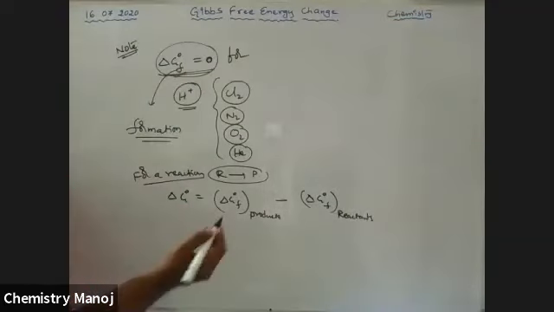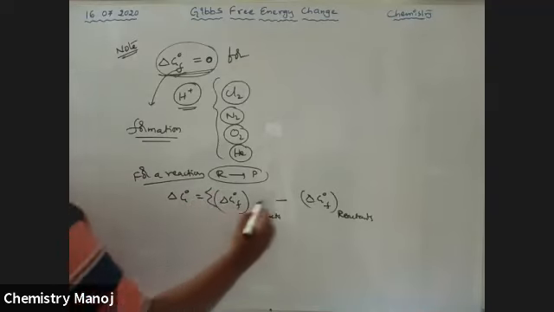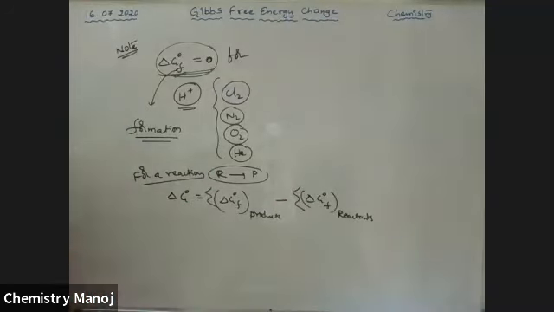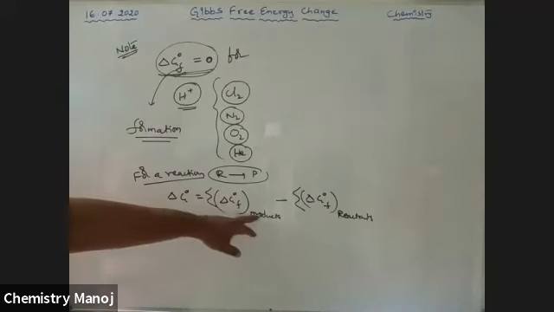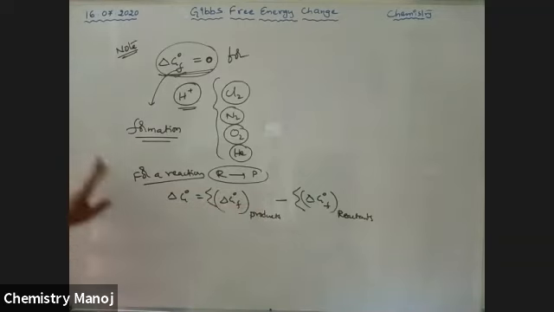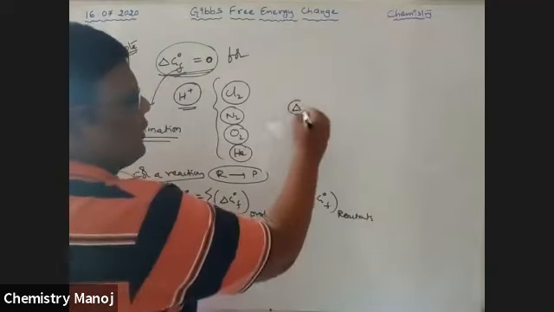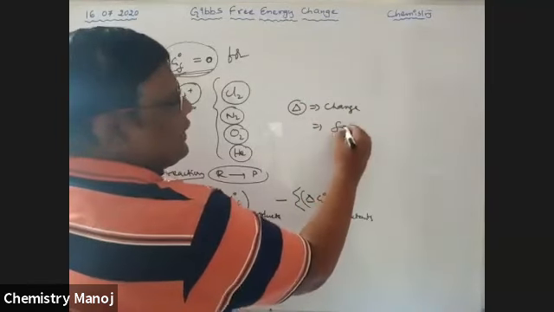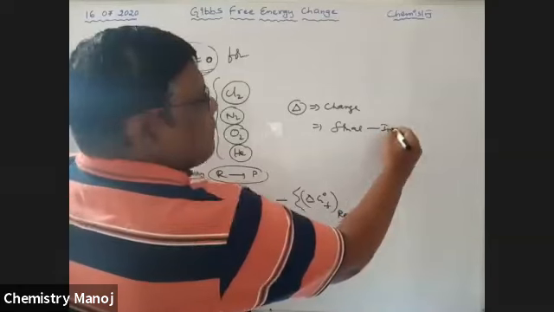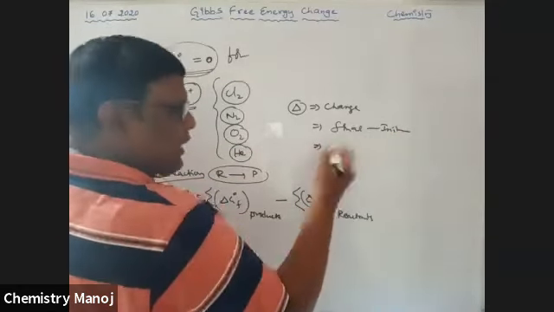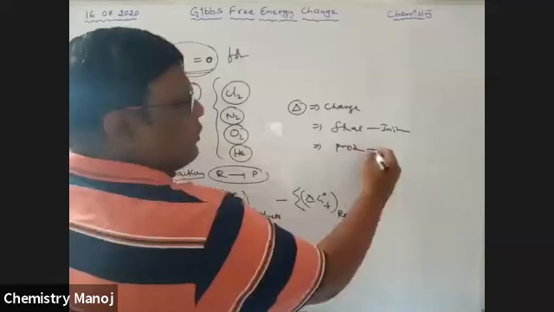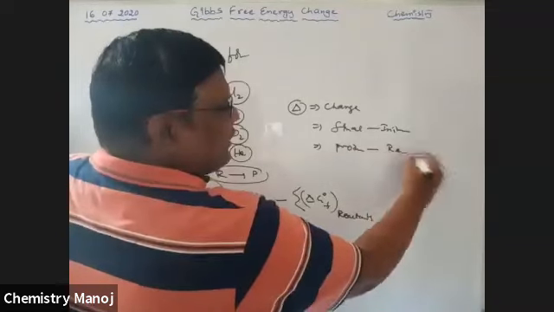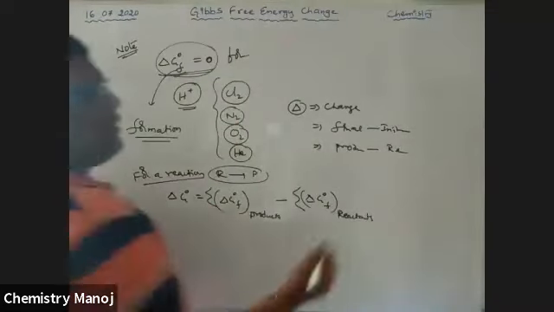If more reactants and more products are there, apply sigma and sum all those values. Whenever delta is used, delta means change, and change means final minus initial. In chemistry, final is product, reactant is initial.